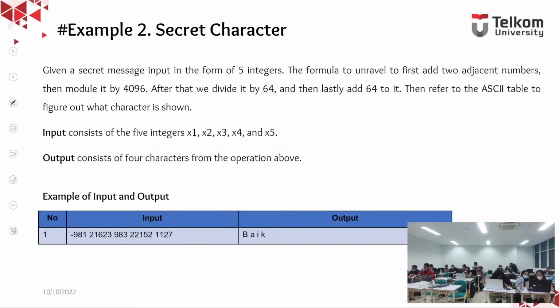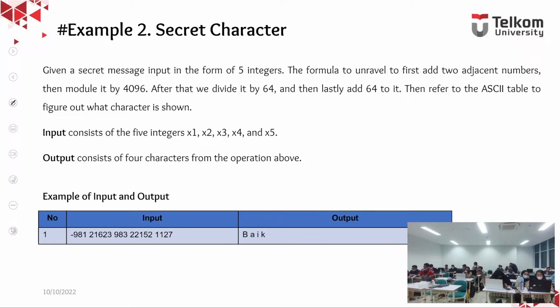Okay, next again. Okay, this is, for example, a program that involves characters. So for example, we are given a secret message in the form of 5 integers. And then the formula is applied.